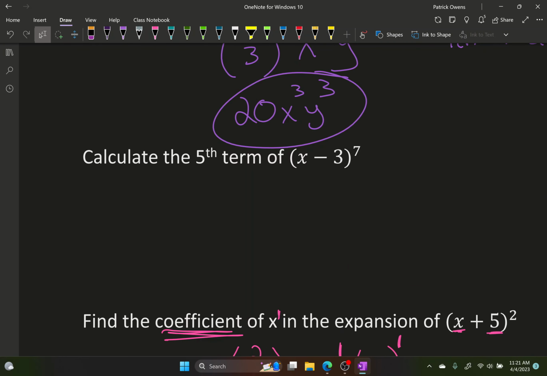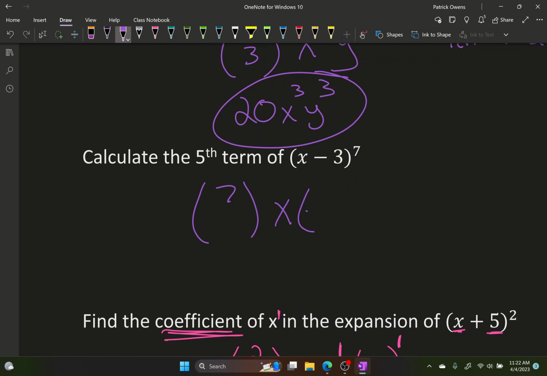So if we're calculating the fifth term of x minus 3 to the 7th, let's set this up the way we normally would. So we've got 7c something, x to some exponent, and then this is where it's going to be a little bit different. Since this is an x minus 3, each term, if we expanded it, is going to alternate signs.